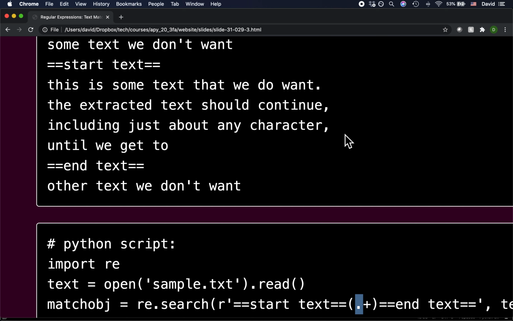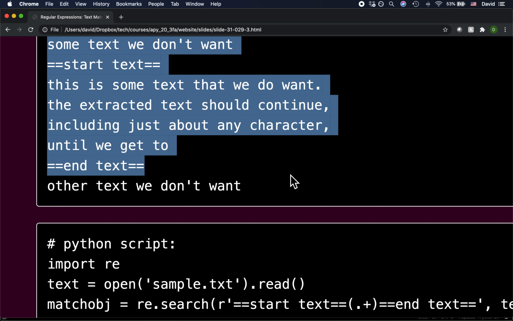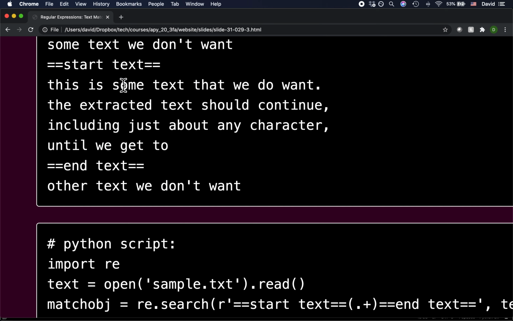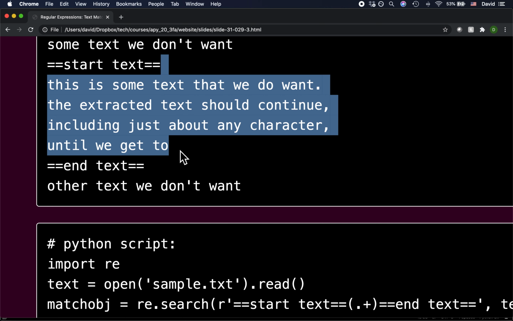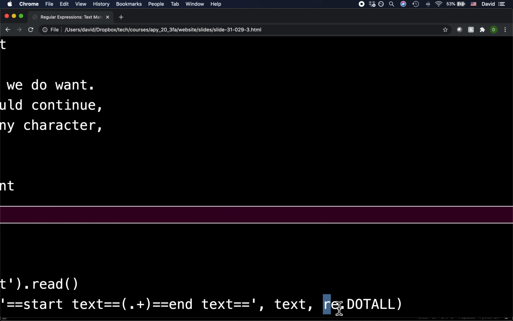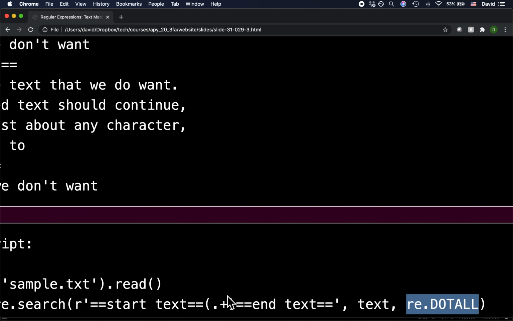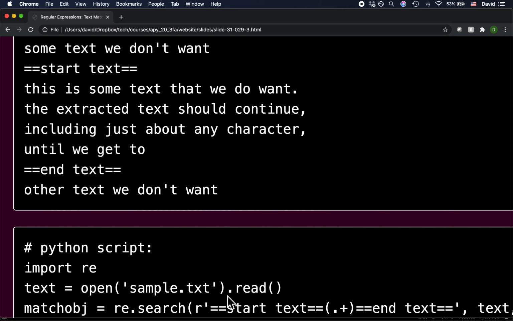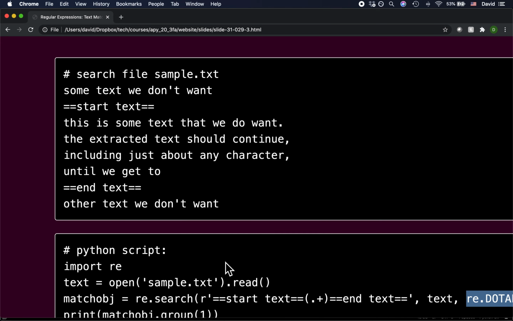Now if I'm considering this text as one big string, and I want to say starting with start text and then any character between here and end text, I'm going to want the dot to match on a new line. So I can add yet another flag called .all, which will match on any character including the new line. You might want to study this to make a little more sense of it.